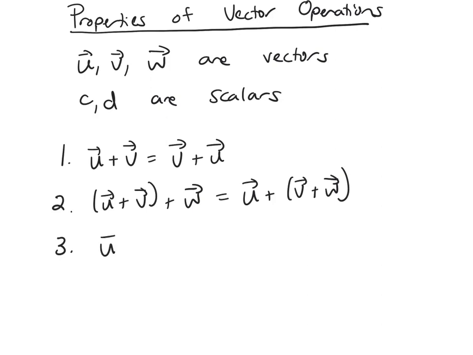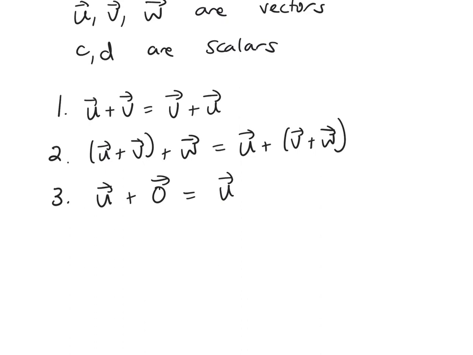If I add the zero vector to a vector, it leaves it alone. So u plus 0 is u. If I add a vector and its negative, you get the 0 vector.